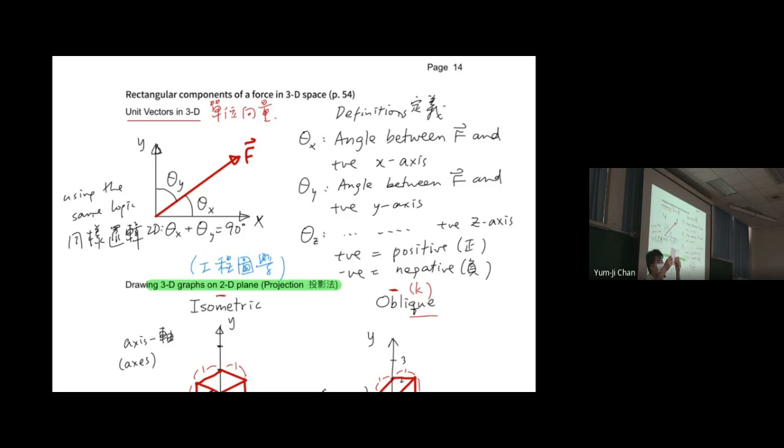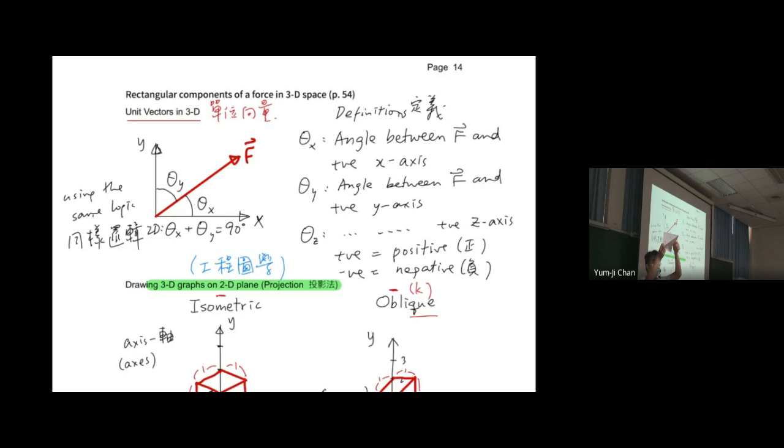But if we have a 3D force, the force is going out. The z-axis is this way, right? X, Y, and Z. If the force is going out in the z-axis into the 3D space, you can see theta x plus theta y, because in 3D space, theta x is from here to here, is larger than 90 degrees.